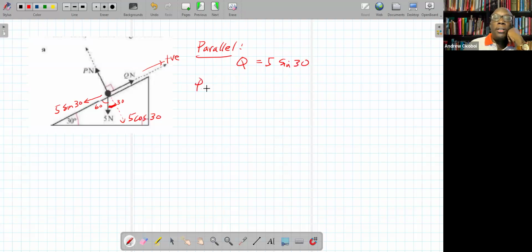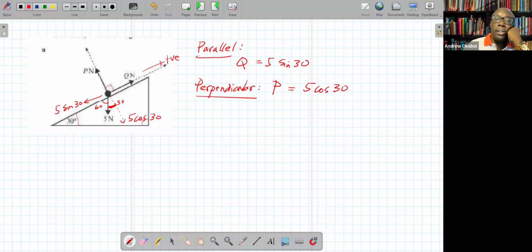Now perpendicular. This one I think is an easy example to start with. So perpendicular, I'm going to say P is equal to 5 cos 30 because this one here is opposed by this one here, and this one here is opposed by that one here.